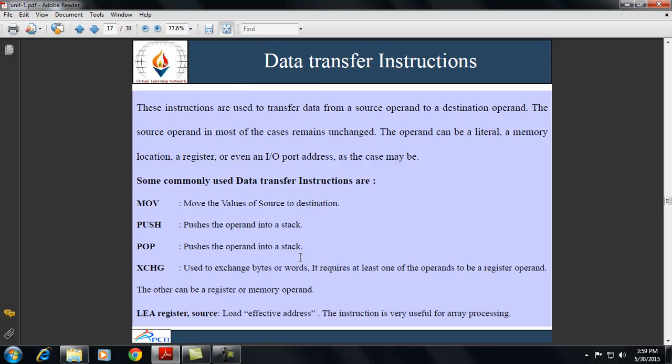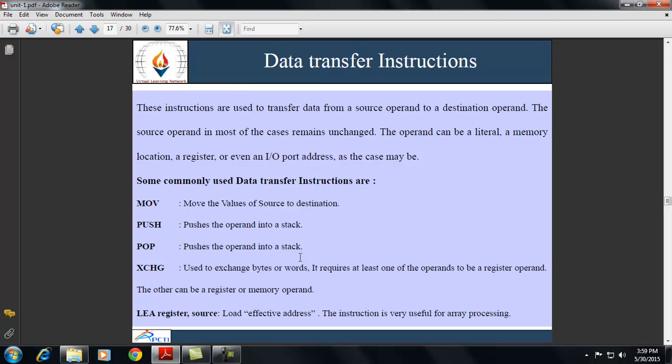Now, these instructions are grouped according to their functionality into different groups. For example, data transfer instructions, which are used to transfer the data from the source operand to the destination operand. The source operand in most cases remains unchanged, and the operand can be a literal, a memory location, a register, or even an input-output port address.